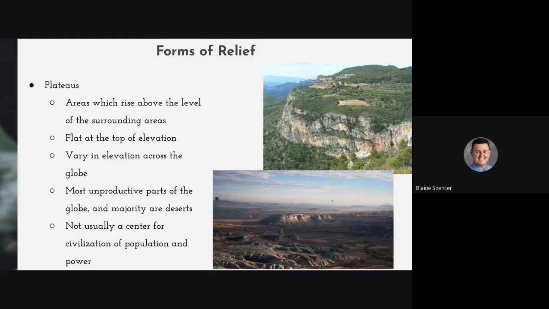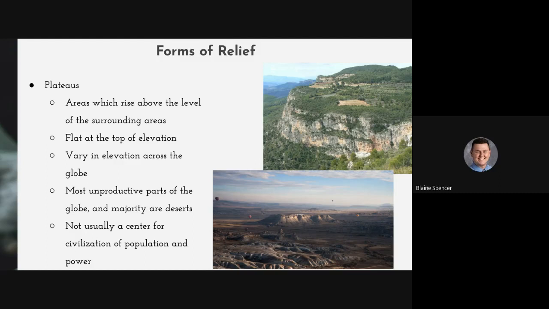So we see that. All right, so our next type of relief is going to be mountains. When you hear of mountains, what do you instantly think of? Okay, the Rocky Mountains.